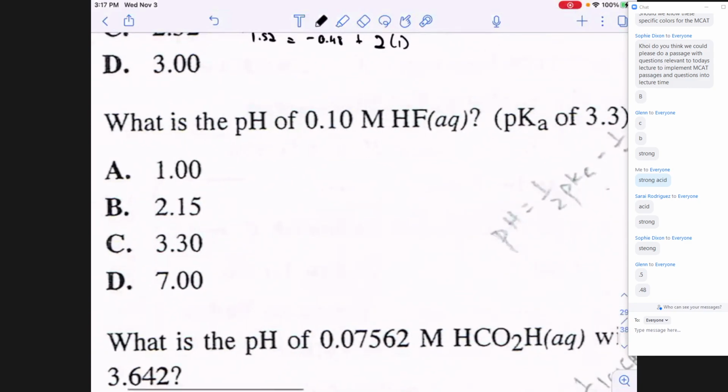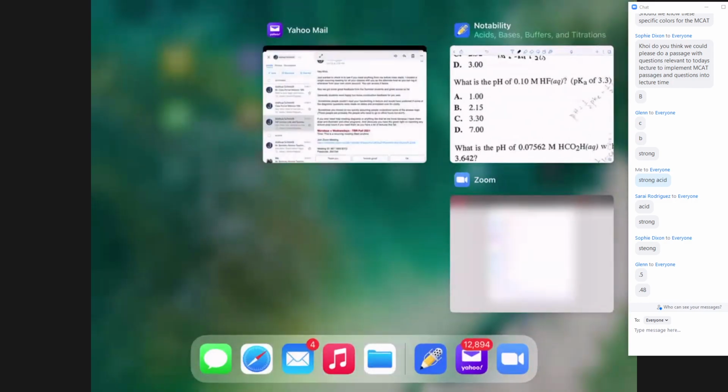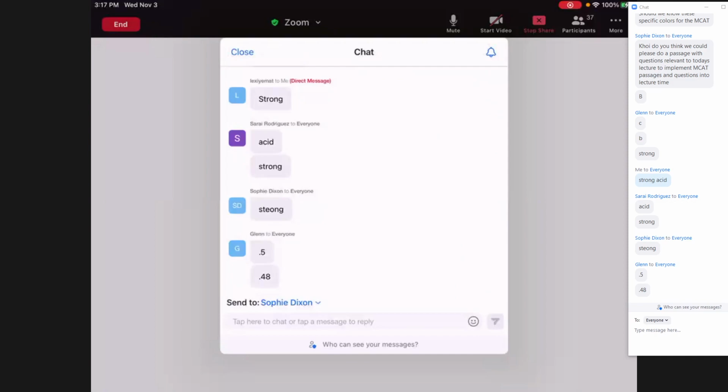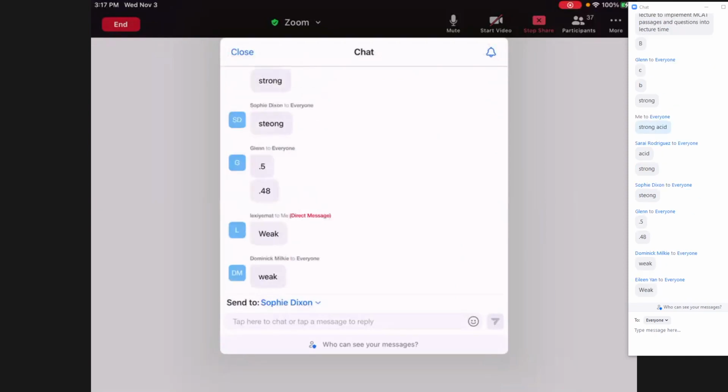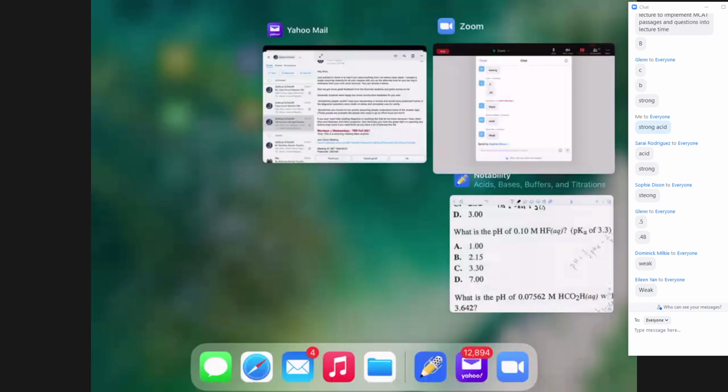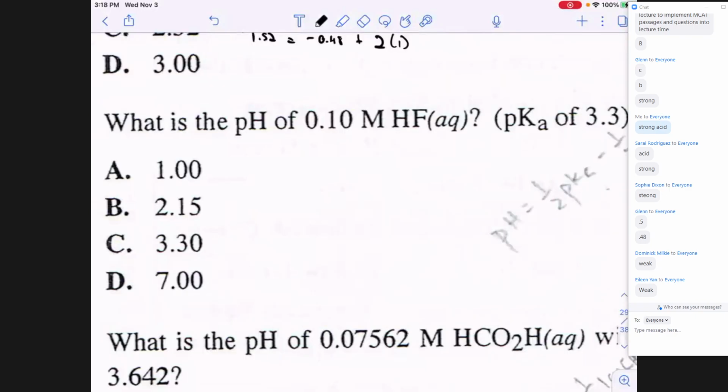What's the pH of 0.1 molar of HF? So first of all, you have to ask yourself, what's hydrofluoric acid? Weak acid or strong acid? Yay, I'm so proud. You guys still remember the weak acids and strong acids. Also, the hint is pKa is between 0 and 14. So we have a weak acid.